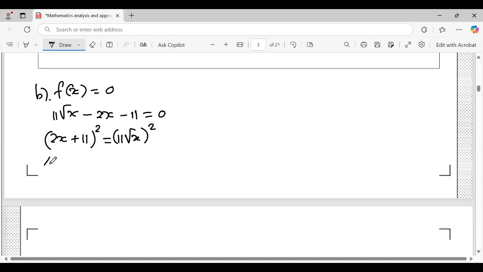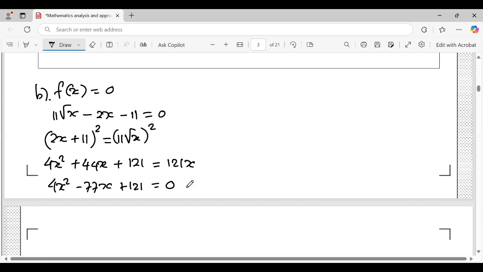Then expand: 4x squared plus 44x plus 121 equals 121x. So 4x squared, 44 minus 121, minus 77x plus 121 equals 0. Now we are going to find the values of x, x1 and x2.